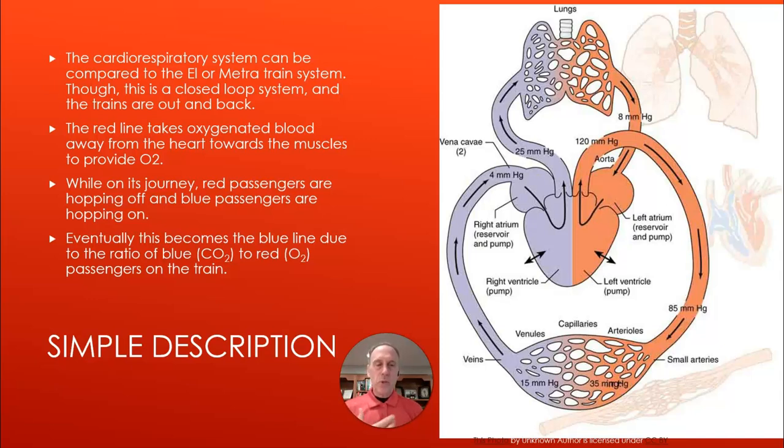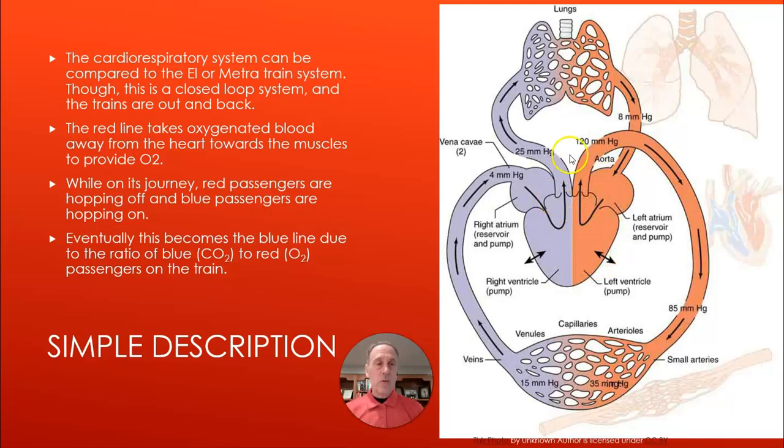So it's this constant jumping off of red, jumping on of blue. And that changes our partial pressure in terms of the oxygen concentration of the blood. That's where we get the terminology red blood, blue blood. And blue, when it gets back to the right atrium of the heart, has the lowest concentration of oxygen, whereas when it leaves the left ventricle over here, it has the highest concentration of oxygen.